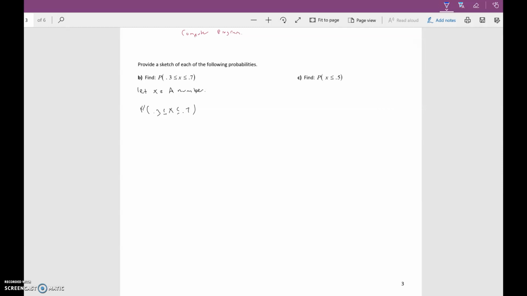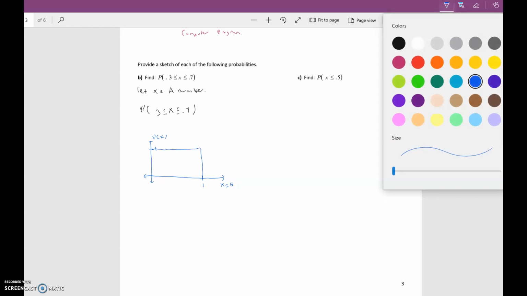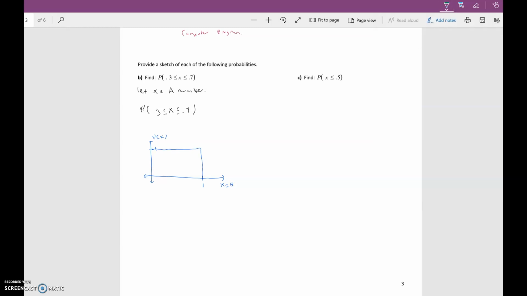So the sketch of this one is going to be as follows. The maximum is 1. These are numbers. This is 1. That's our p of x. But this particular one only goes from 0.3 to 0.7.